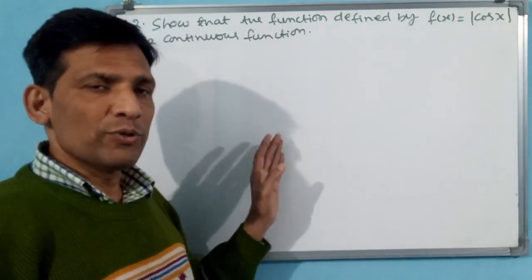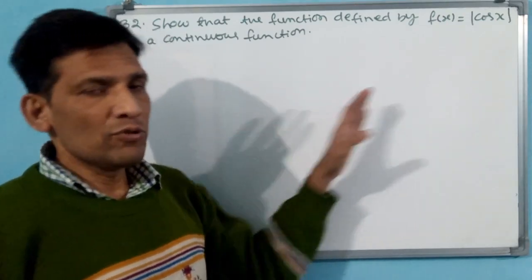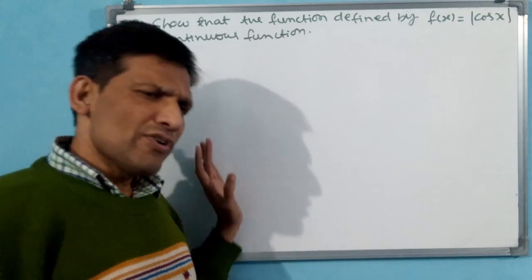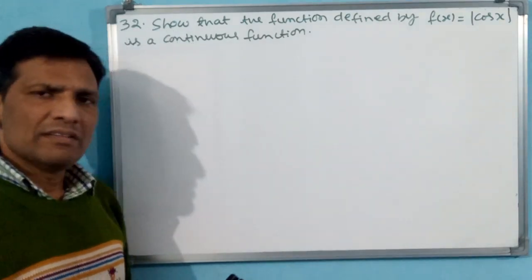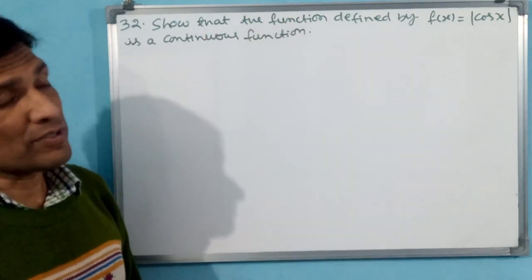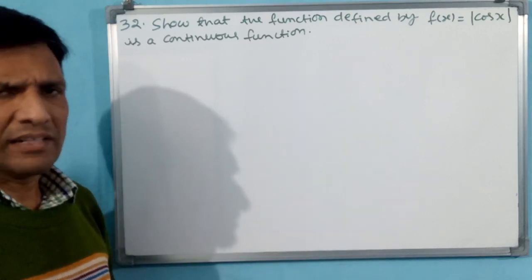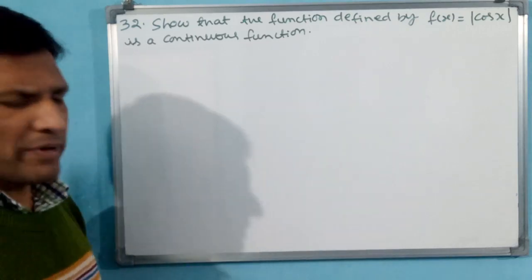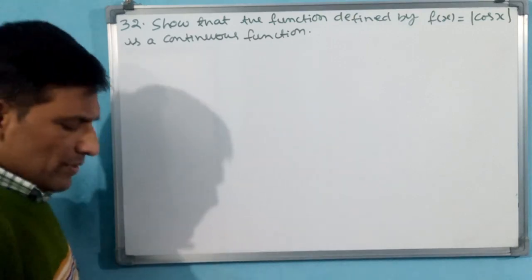Because for modulus x, if you give minus x, plus x will come, and if you give plus x, plus x will come. A continuous value is going to come, so that is also continuous. Then function of function, by algebra of continuous functions, is continuous. That's all. The same thing we can repeat like the last question. Let us proceed further. See how I am writing.